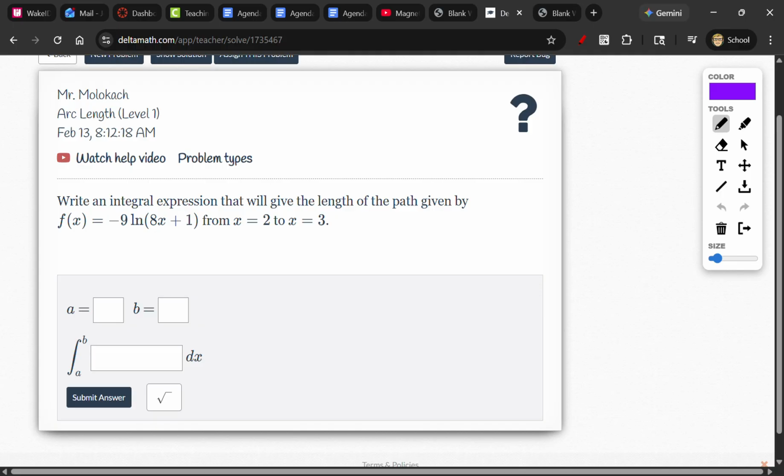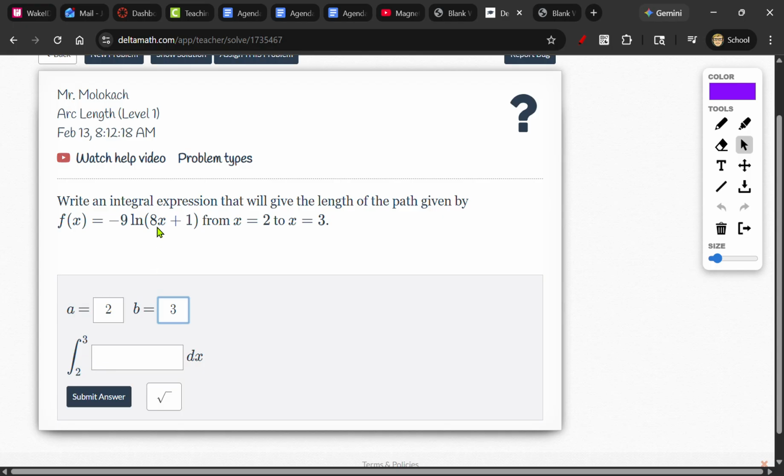So here's an example, right? It says write the integral expression that will give the length of the path given by f of x equals -9 natural log of 8x plus 1 from x equals 2 to x equals 3. So immediately I know I have to put 2 and 3 in for my a and b, right?